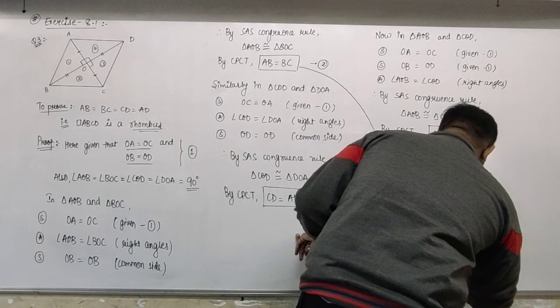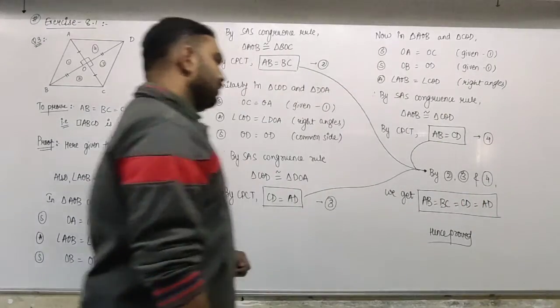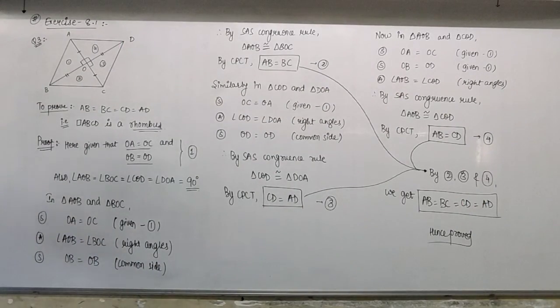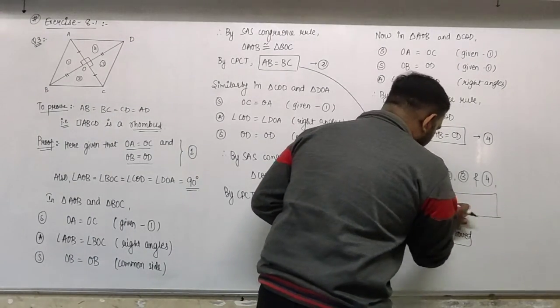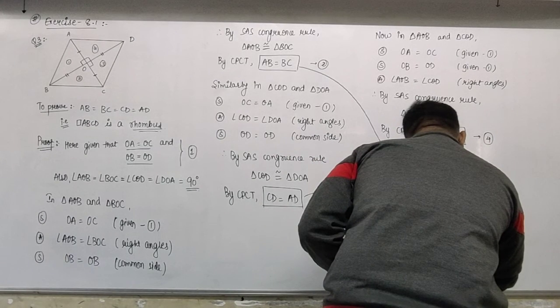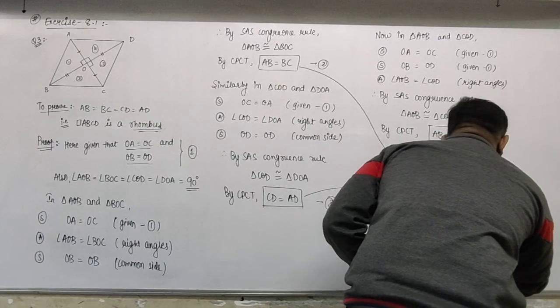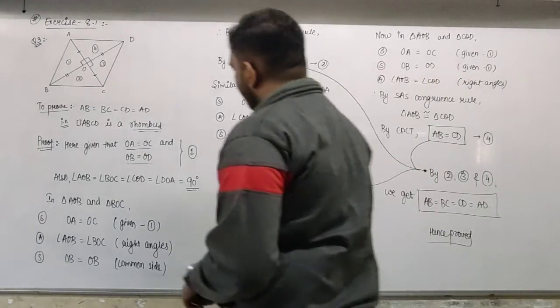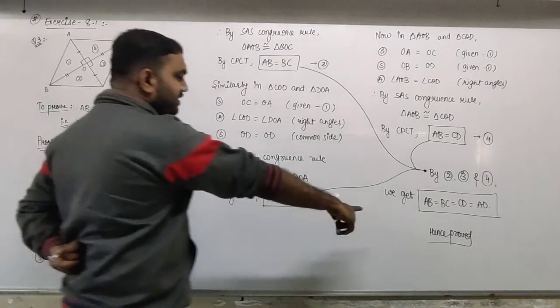Hence prove that AB equals to BC equals to CD equals to AD. આપણે જે પ્રૂવ કરવું હતું એ અહીંયા પ્રૂવ થઈ ગયું. Hence they are proved.